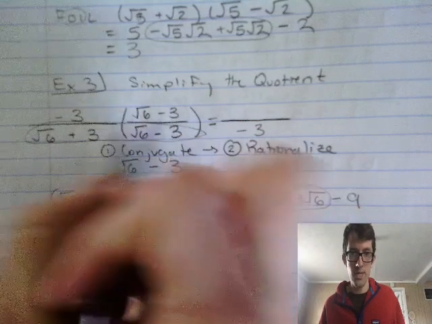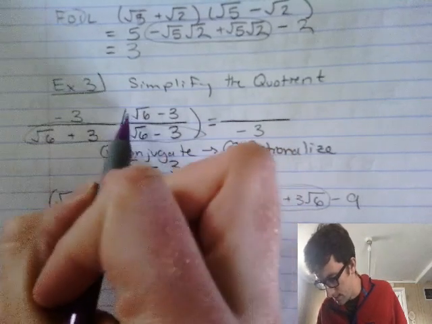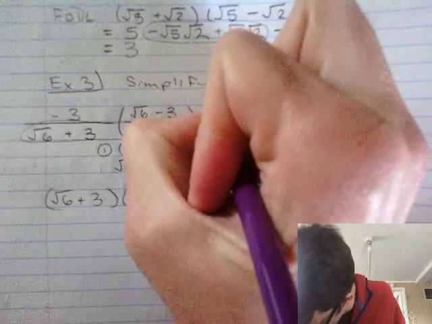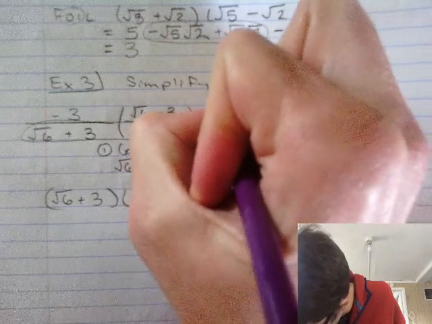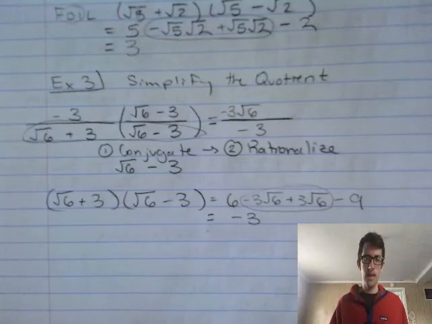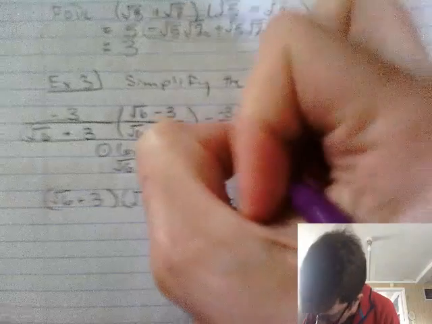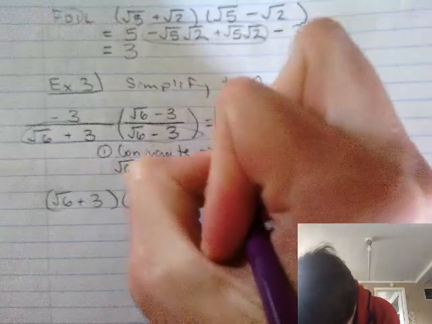Now, all we have to do is carry this negative 3 to each of these terms. Negative 3 times the square root of 6 will be negative 3 square root of 6. And then negative 3 times negative 3 is positive 9.